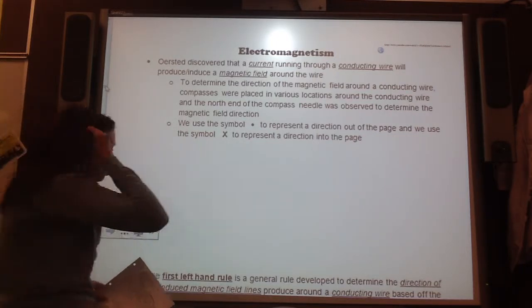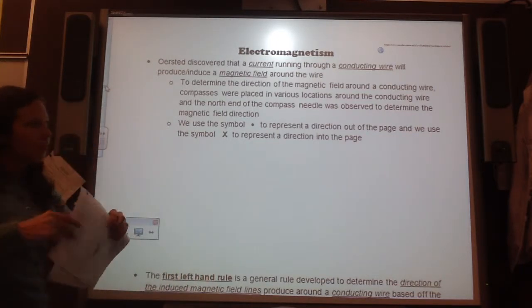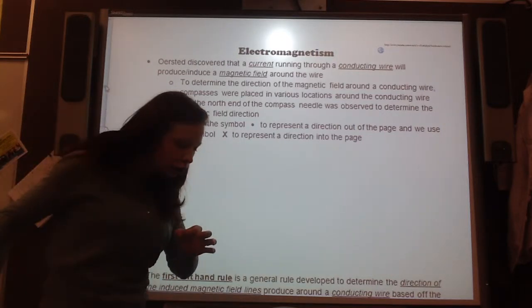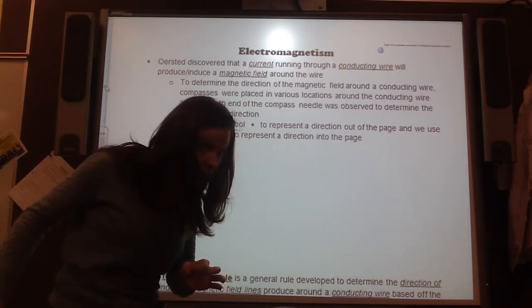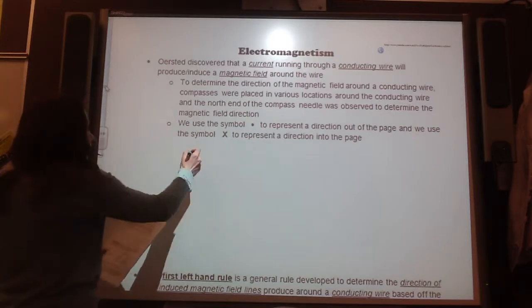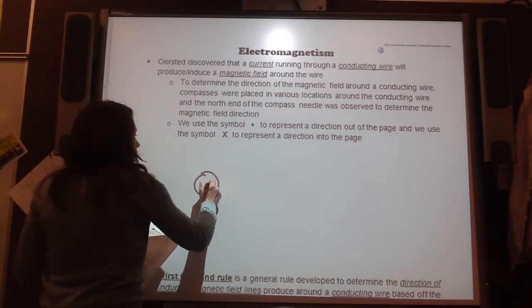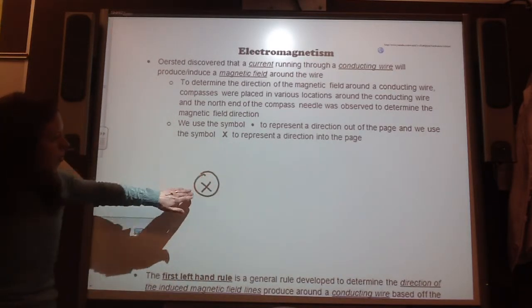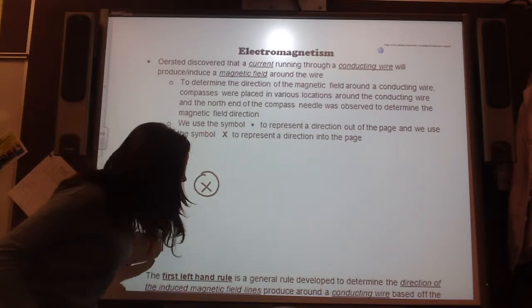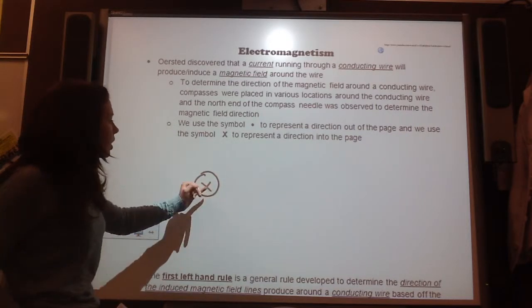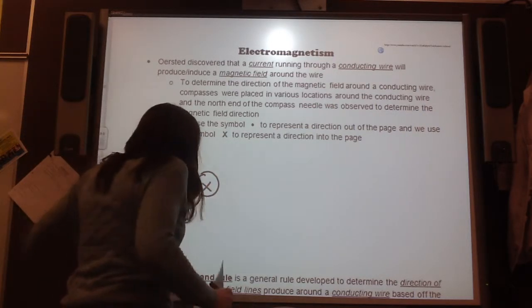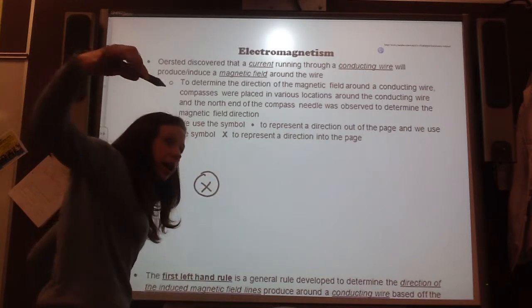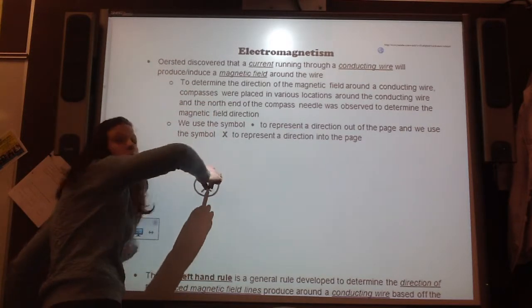If I was to have a wire and I looked in on it like this, it's like a cross section. So if this is my wire and I'm looking down on it, here's the X. This is representing that if I look down on this wire, the electrons are running into it.